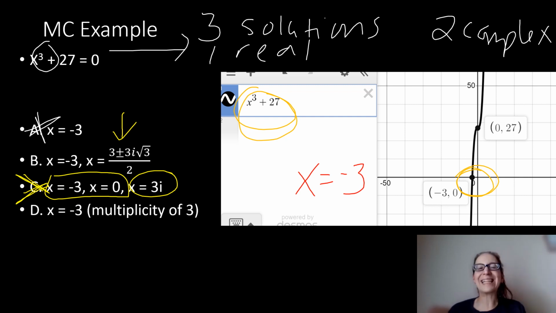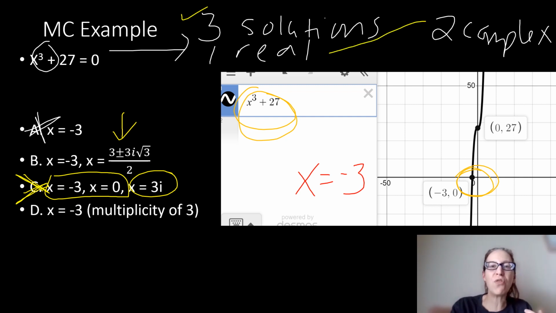Okay, now this last one is kind of tricky, like negative 3 with a multiplicity of 3. That would mean that it counts 3 times, okay? That is a rough one, because it would say, okay, you check off the 3 solutions.